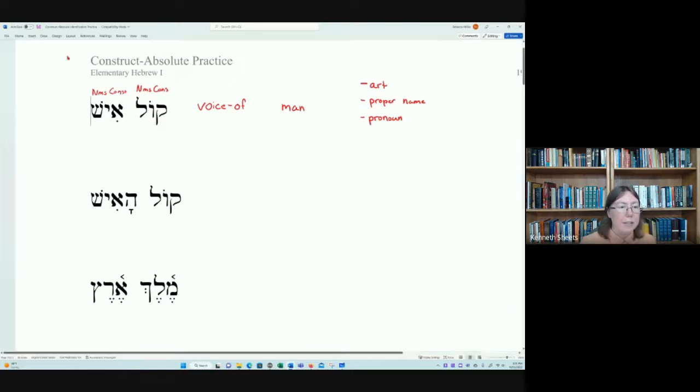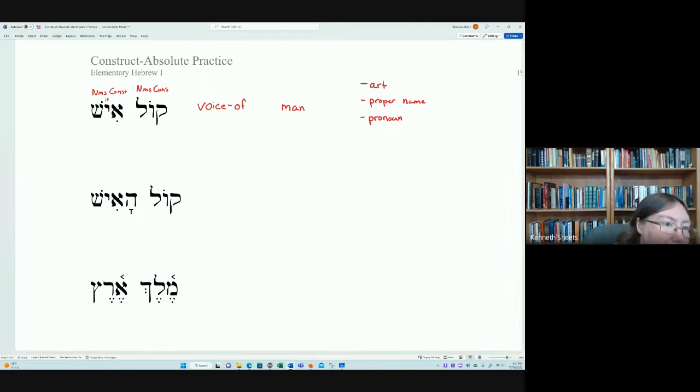Well, in this instance, ish does not have the article, it is not a proper name, and it is not a pronoun. So ish is indefinite, which means then that kol is also going to be indefinite. So this would be a voice of a man.